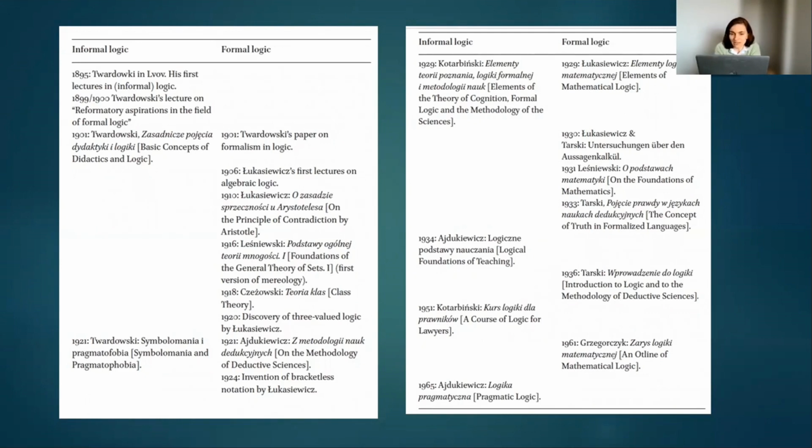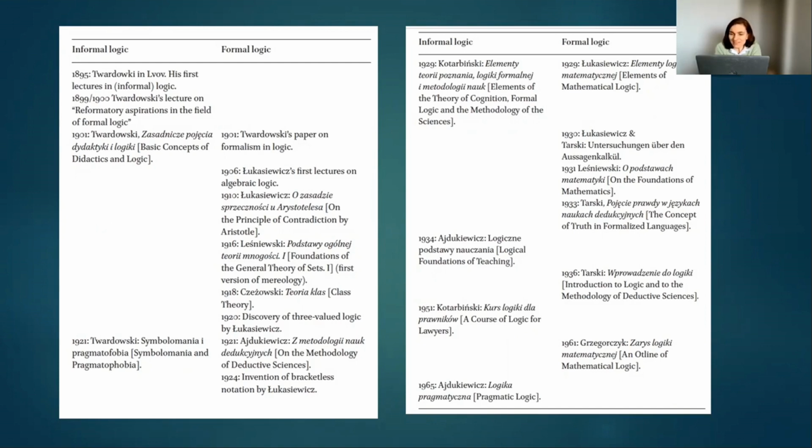But only one year later, Ajdukiewicz published his textbook in informal logic, Logical Foundations of Teaching. In 1936, Tarski published Wprowadzenie do logiki, Introduction to Logic and the Methodology of Deductive Sciences. After the war, because there was a break, Kotarbiński published his textbook in informal logic, a course of logic for lawyers.